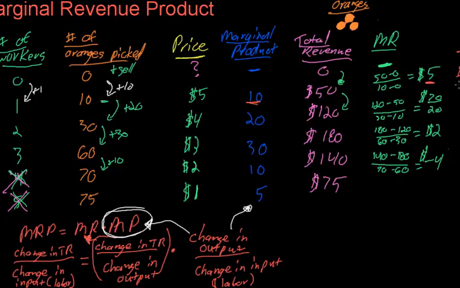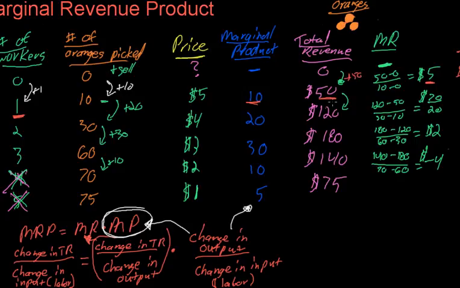And what that is saying, one more time, is that for the first worker, and I realize I've gotten my rows kind of screwy here, but I think you can piece it together. If you can't, let me know. But what it means is that for our first worker, he increases our total revenue by 50.